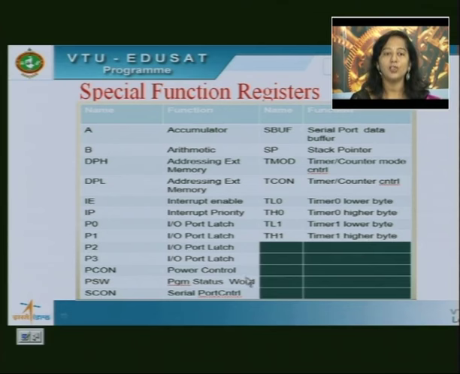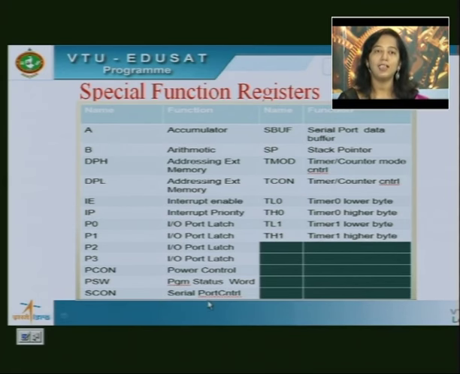Then the power control register PCON, the program status word PSW, we have seen all the flags of that register. SCON, the serial port control register. The SBUF, serial port data buffer. I told you that the buffer has two parts, the receive buffer and the transmit buffer. Then the SP, stack pointer, an 8-bit special function register, which holds the last filled location of the stack.